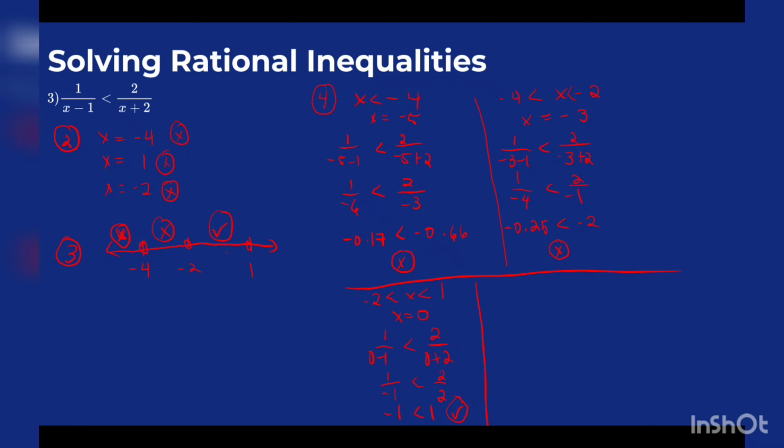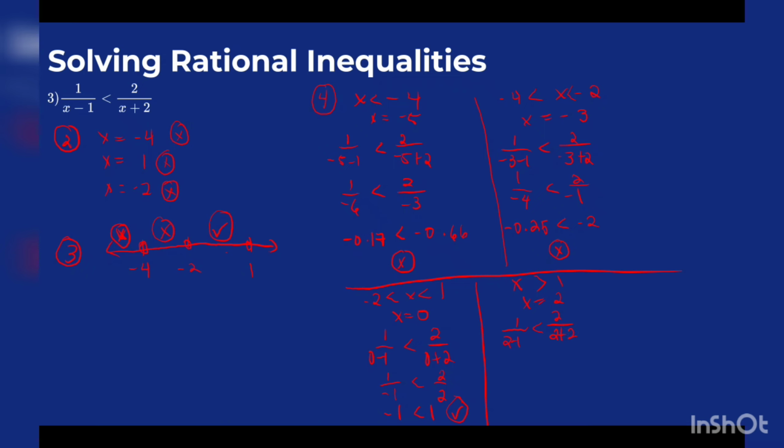And then for the last interval, the numbers on the right of 1, that is x is greater than 1. Let's try using 2. So we have 1 over 2 minus 1 is less than 2 over 2 plus 2.